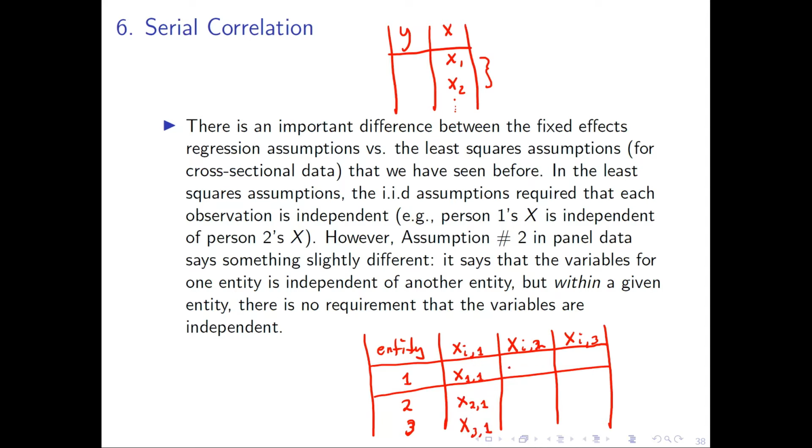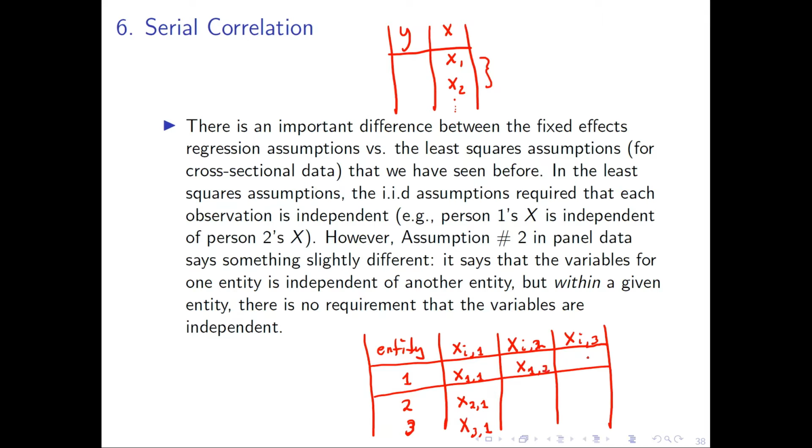And what assumption 2 in panel data says is that these x variables are independent when you look at different entities.